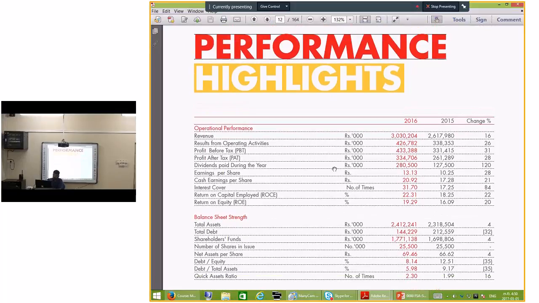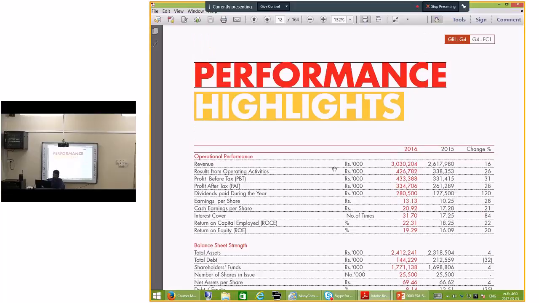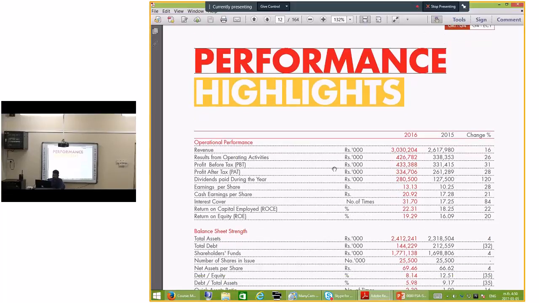Then operational performance. Now you can see performance highlights also given, and I think you remember the comparative financial statement. Now this is the financial statement analysis.